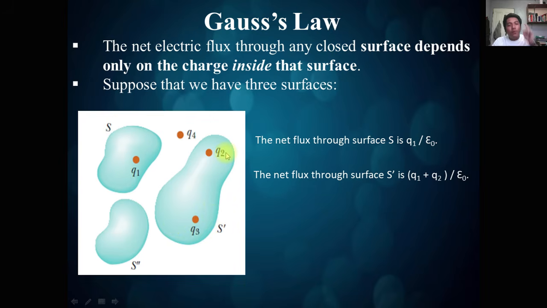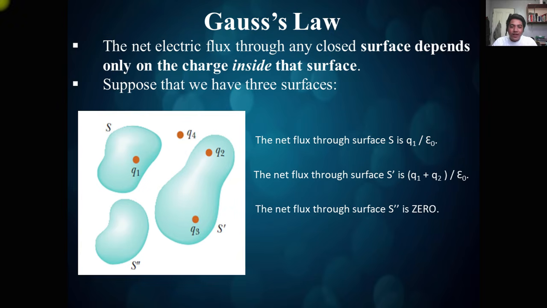So positive 1 microcoulomb minus 2, so 1 minus 2 microcoulomb is negative 1 microcoulomb. So your flux should be negative 1 microcoulomb over epsilon sub 0. So that's how you get the electric flux if we have a given value charge.